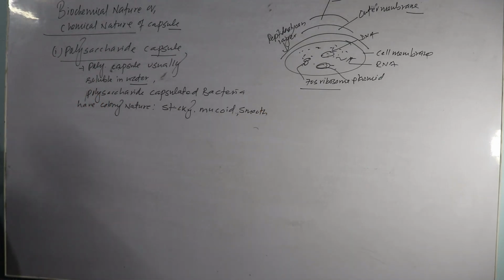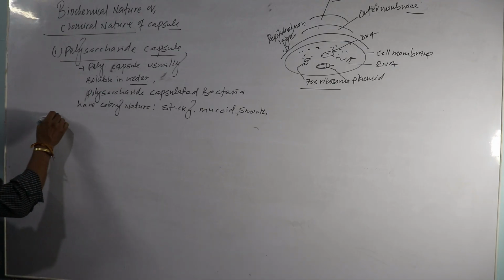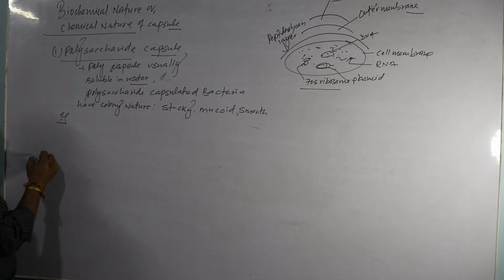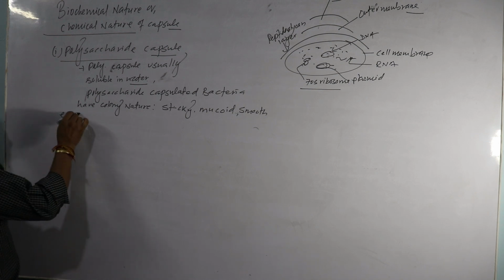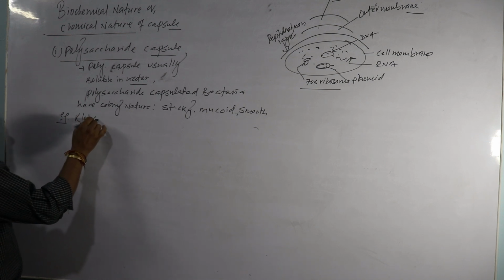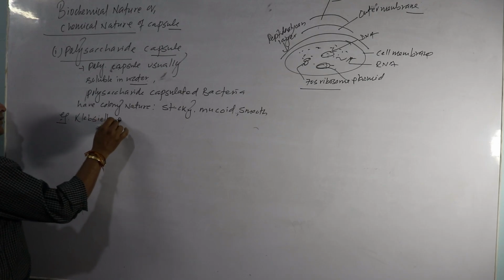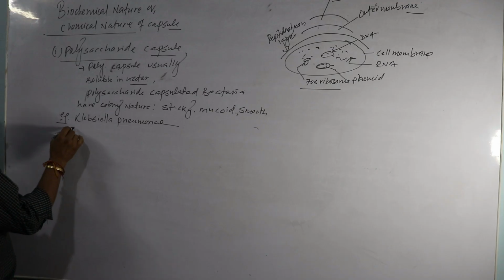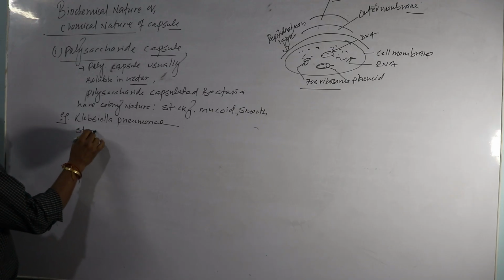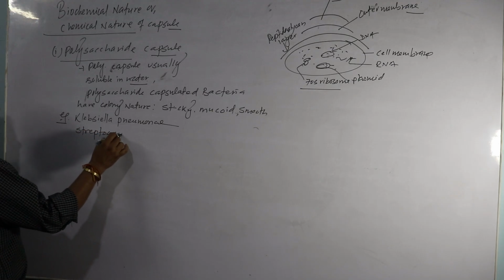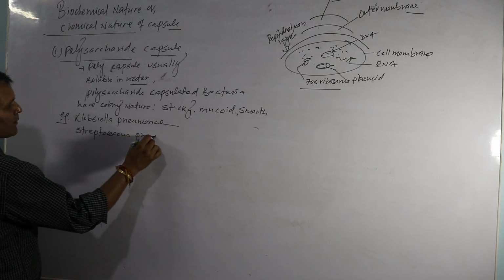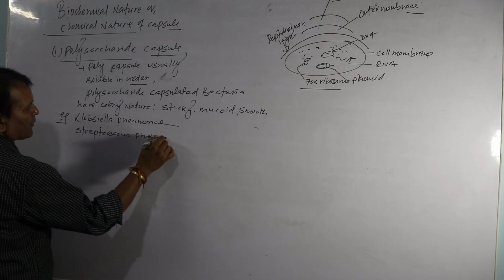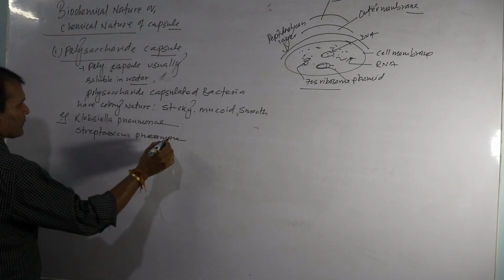So these are the features of the capsulated bacteria. Some of the bacteria which can form polysaccharide capsules are Klebsiella pneumoniae, likewise Streptococcus pneumoniae, and so on.